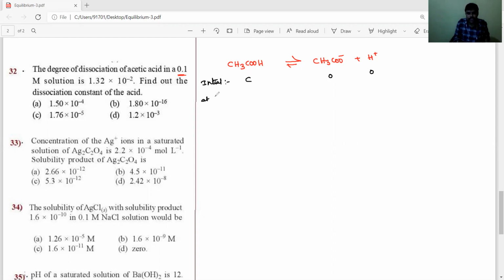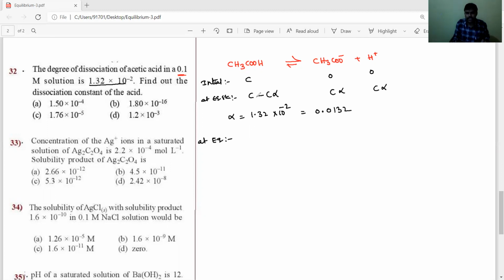At equilibrium state, its concentration is decreased by C alpha, and C alpha and C alpha will be formed. Alpha is the degree of dissociation they gave. Alpha is equal to 1.32 into 10 to the power of minus 2, which is nothing but 0.0132.